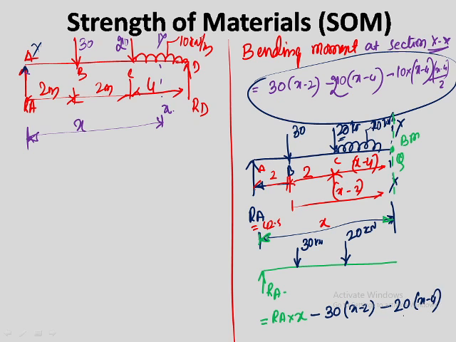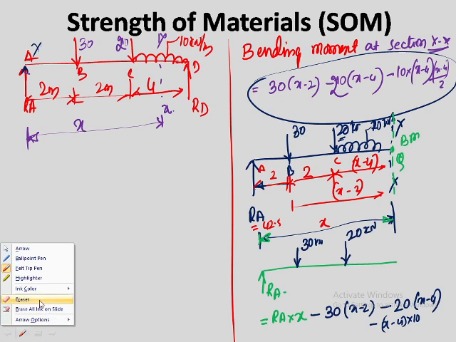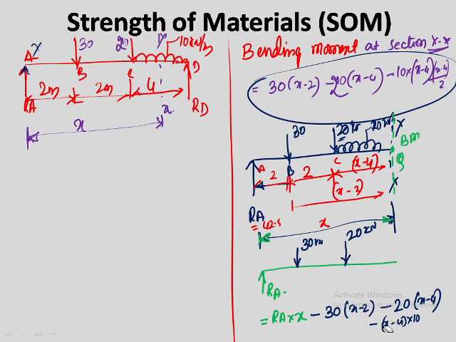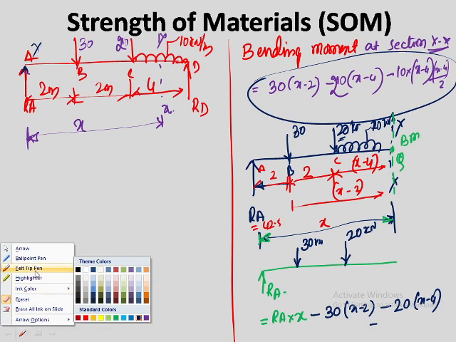Now you have another UDL for the portion of x minus 4. Let us convert this into a point load. The better practice is to first write the force value, then go for the distance value.